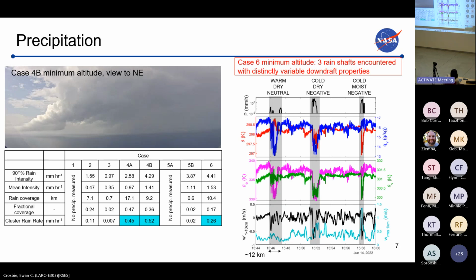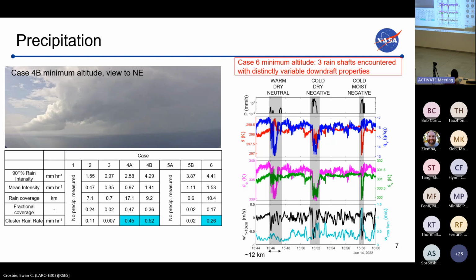Another thing I want to highlight from case 6 that was quite interesting was that during our minimum altitude sampling of case 6, we saw 3 different flavors of precipitation influence on the mixed layer. So basically 3 different locations sampling underneath the cloud, and we saw 3 very distinctly different responses to that precipitation. The first one, you couldn't call it a cold pool because it's not cold.